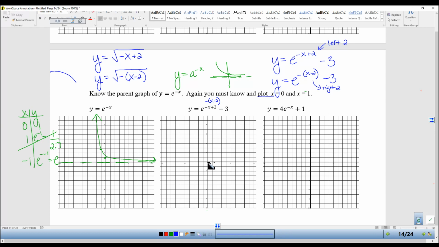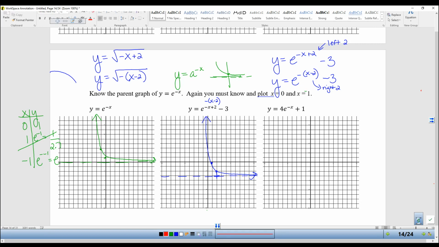I'm going to go to the right 2 and down 3, and that's going to be my new origin, which means my asymptote is still right on the axis, and then the point 1, 0 from here, and remember negative 1, e. So negative 1 and then about 2.7. It's going to come down and look something like that, but very tricky.